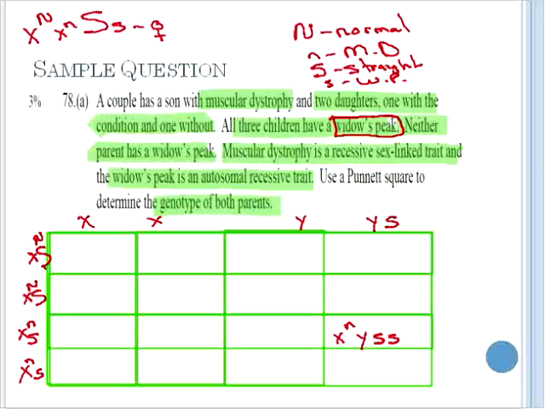So he's going to be X big N Y. He will also be heterozygous for widow's peak, because he doesn't have it, but one of his children did. So dad is X big N Y.